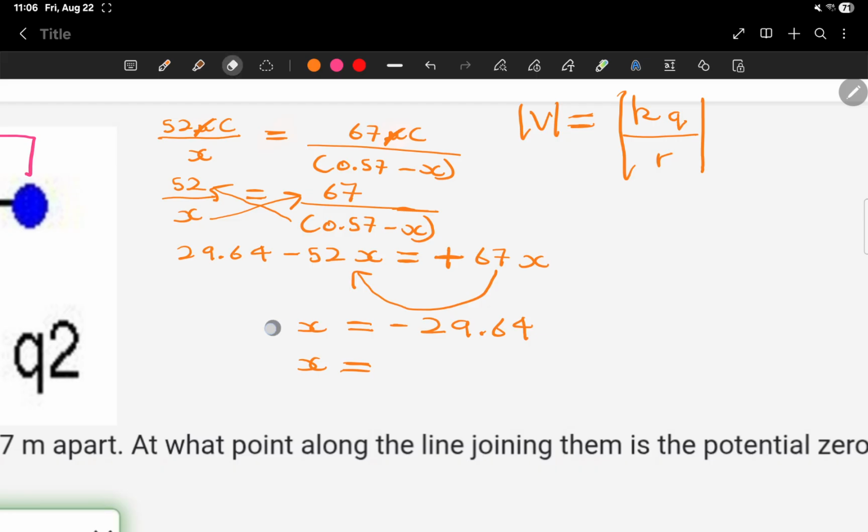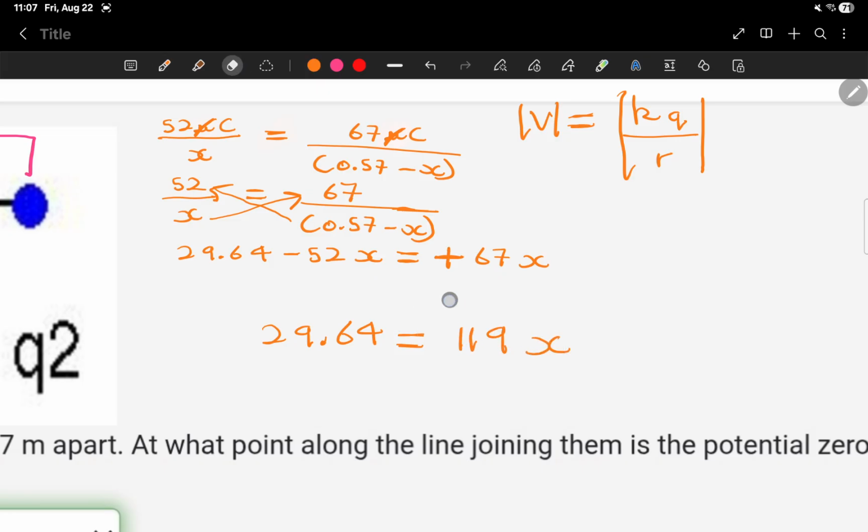And now I'll get a slightly different answer. So give me a moment, please. We'll do 67 plus 52. So we'll get 29.64, which is equal to 119x.